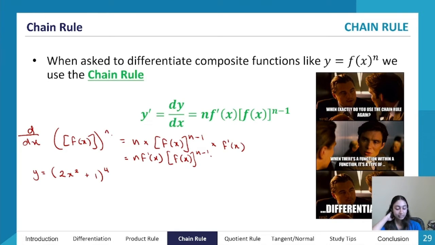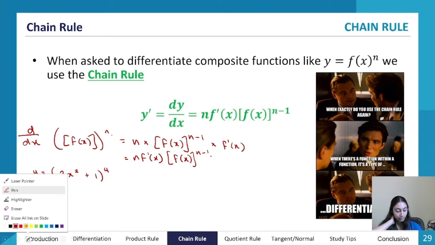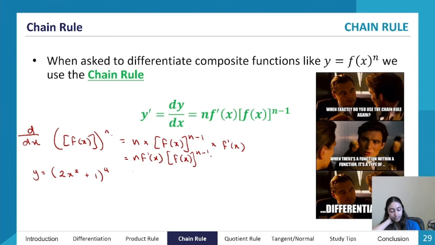So let's define our f of x. Actually, let me do it in a different color so that we're not confusing it with my explanation up the top. We'll go back to yellow. So f of x is equal to 2x squared plus 1. So my f dash of x, using our basic differential rule, gets me to 4x. Okay?